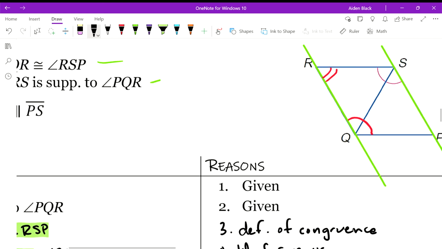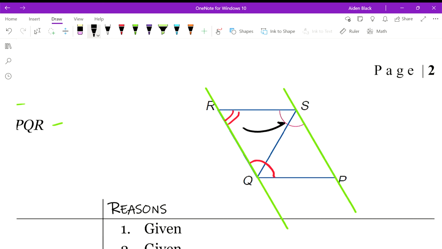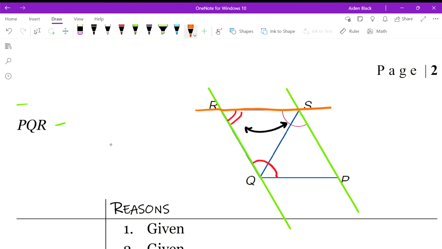Now what I'm saying there is that these two angles are supplementary, and so if you actually look at this transversal in the two green lines, these two angles are same side interior.